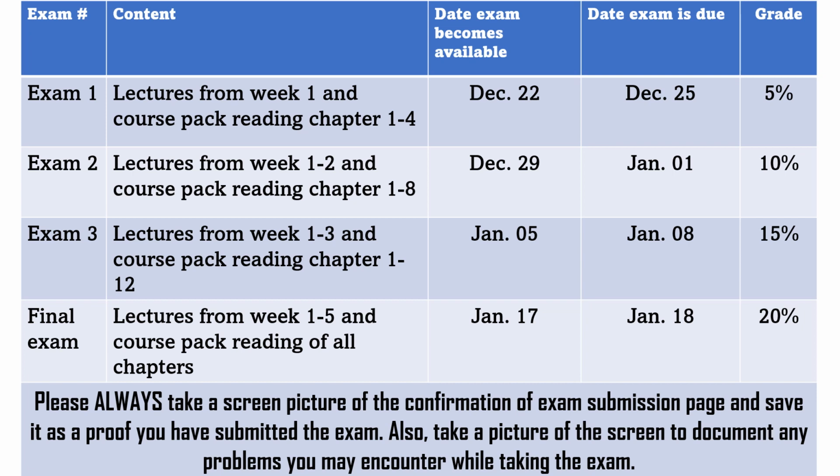The exam is available from December 29 until January 1. I don't know if you celebrate the Western New Year. If you do, you may want to take the exam before that, which would be December 29 or December 30, or perhaps even earlier on December 31. Okay, and so on. You have the same thing here for exam 3 and the final.